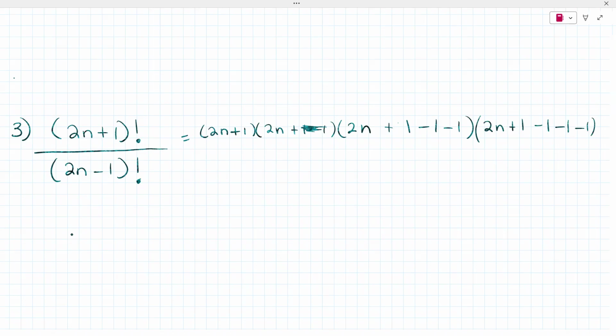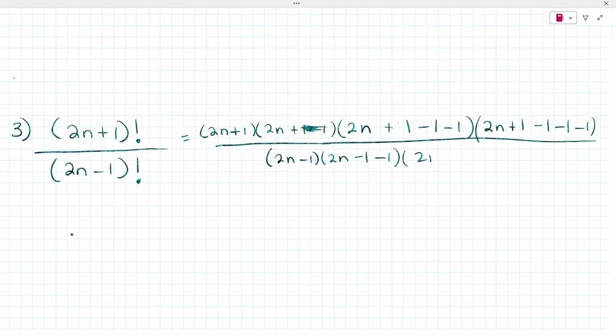On the bottom, it's almost the same thing: 2n minus 1 times 2n minus 1 minus 1, 2n minus 1 minus 1 minus 1, etc.